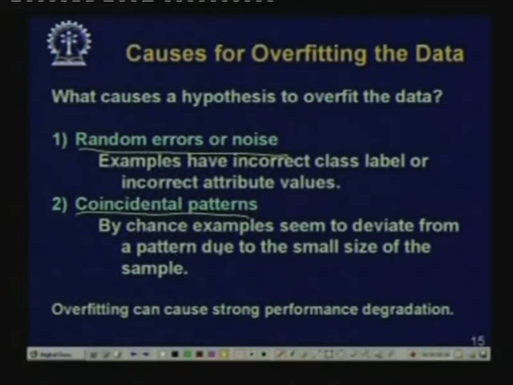Secondly, there can be coincidental patterns. By chance, the examples may seem to have a pattern due to the small size of the training sample. If you take a large training sample, such patterns are unlikely to be present. But due to this phenomenon of overfitting, there can be a strong performance degradation. So, we have to deal with the effect of overfitting for any learning algorithm that we inspect.